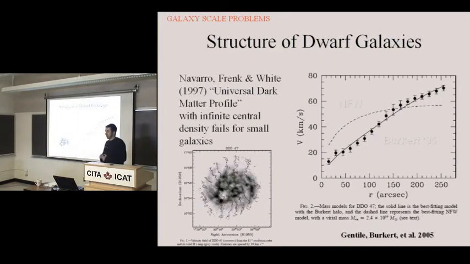Another one is the structure of dwarf galaxies. If you get dark matter halos on small scales and ask what their rotation curve should be, with an NFW profile, which is this dotted dashed line, you expect a rotation curve which isn't all that different to one for a large galaxy, rising sharply in the middle and then flattening out.